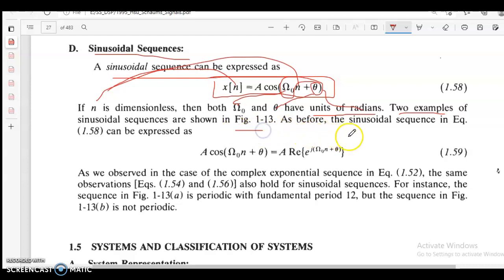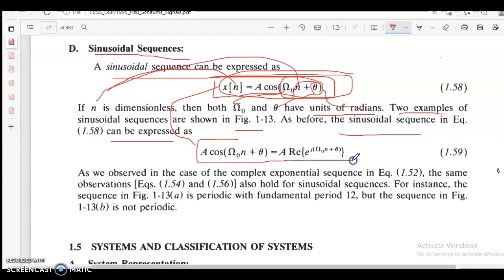Figure 1.13. As before, the sinusoidal sequence in equation 1.58 can be expressed as A cos of omega naught n plus theta equal to A times the real part of e power j of omega naught n plus theta.